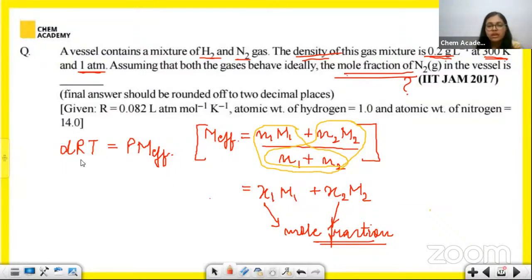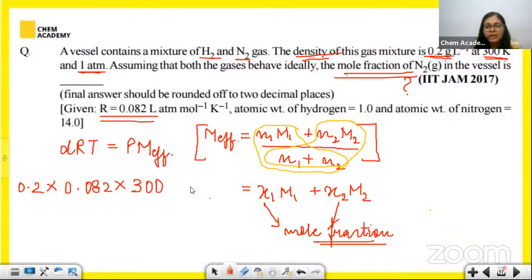So now if I put the values here, what will I get? We have been given the density of the mixture in the question itself, which is 0.2 into, we have been given the value of R here. So I will substitute the value of R as 0.082 into the value of temperature, which has also been given here, equal to 300.